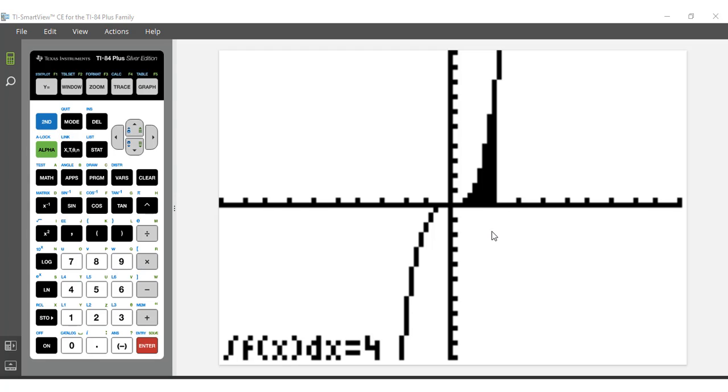Therefore, the definite integral from 0 to 2 of x to the third power dx will be the shaded area under the curve enclosed by x equals 0, x equals 2, and the x-axis.